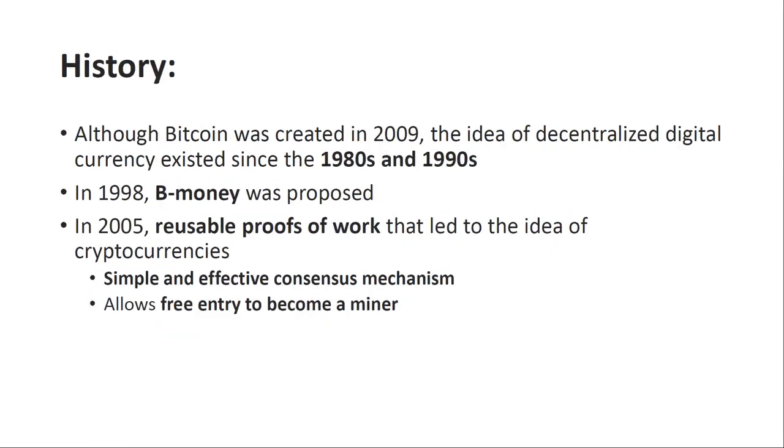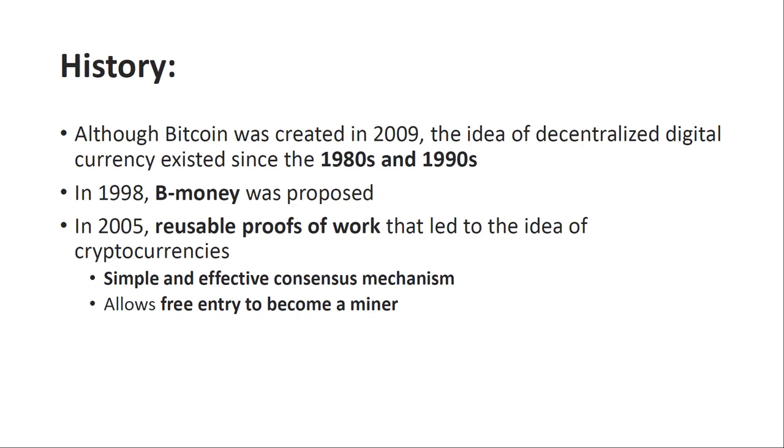Okay. So next, some history of Bitcoin and other technologies. Decentralized digital currency is not a new idea. It was from the 80s and 90s, and Bitcoin was created in 2009, and before that there were some attempts to create a decentralized currency.